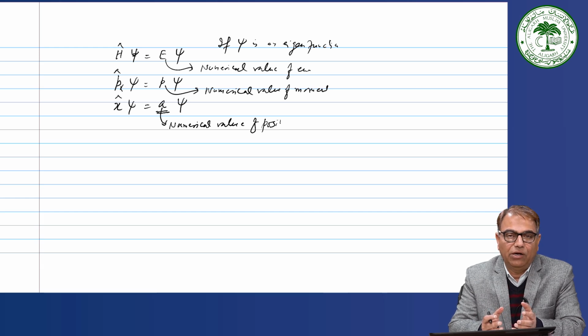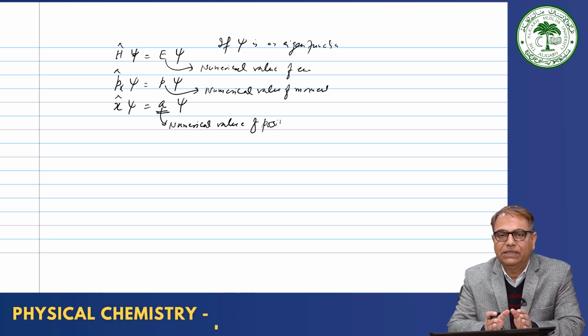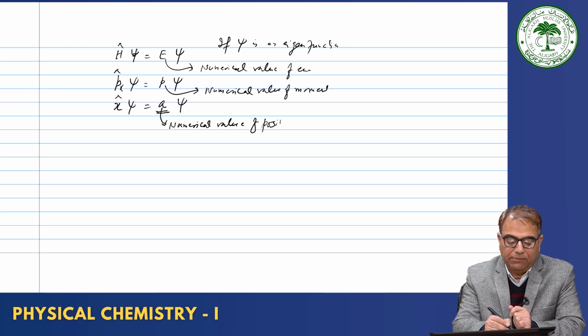And for that we have an operator formalism, that for every physical variable we have a particular operator, and these operators are symbols for mathematical operations, with which if you operate on a function and you get the function back along with a constant, then that constant is the value of the physical variable whose operator you are using. Here you are using an operator for energy, so you get the energy value. You are using an operator for momentum, so you get the momentum value. You are using an operator for position, so you get the position value.